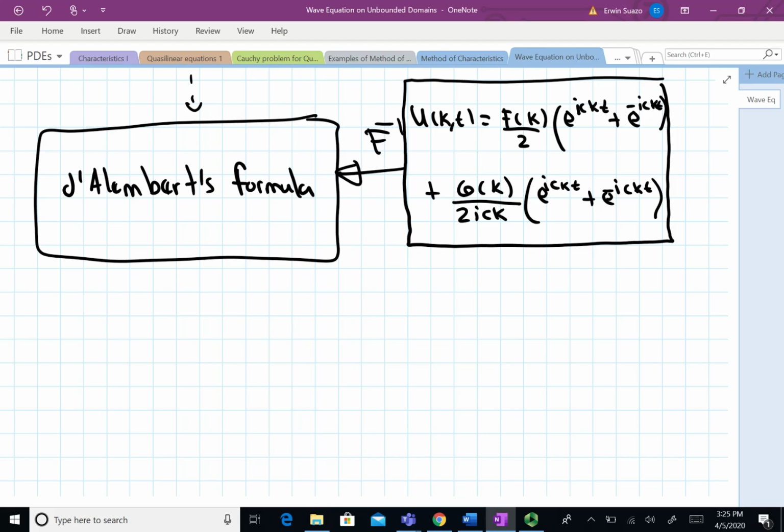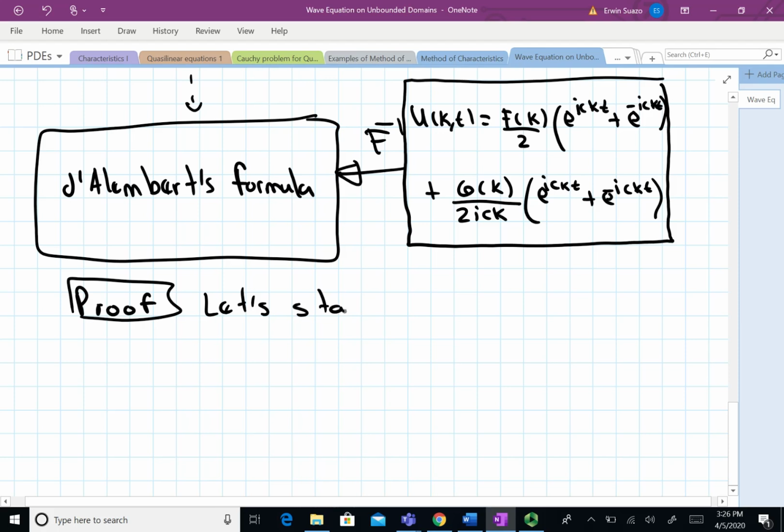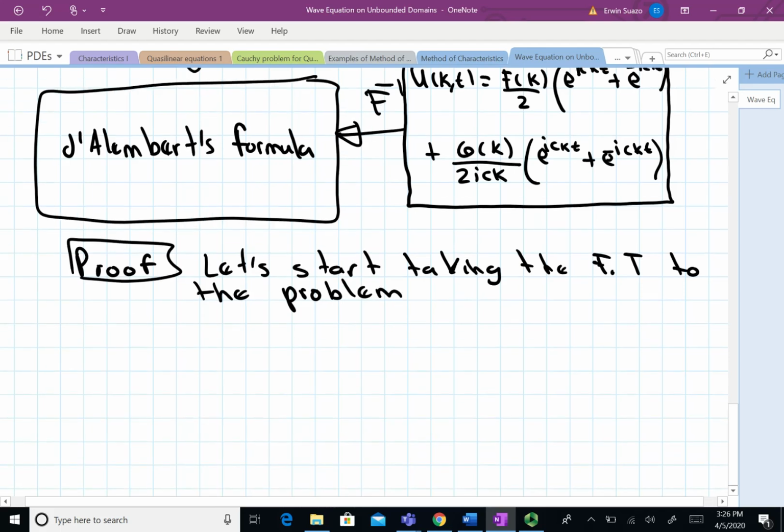Okay, so let's start with the proof. So let's start by taking the Fourier transform of the problem. So what does it mean?